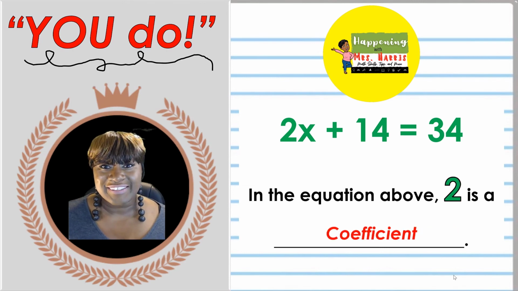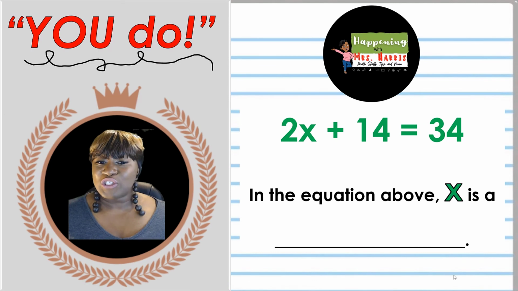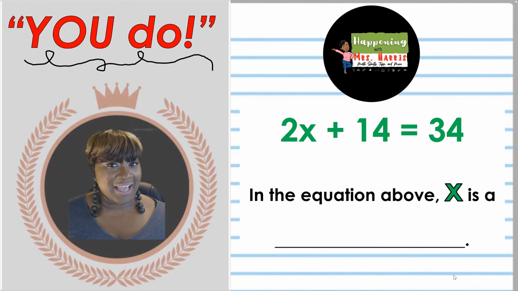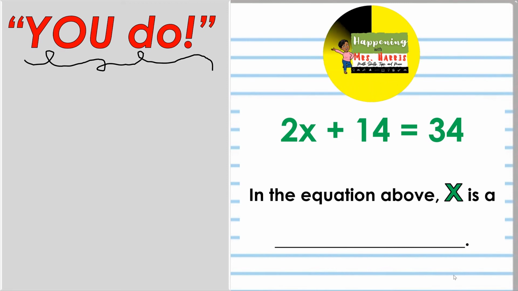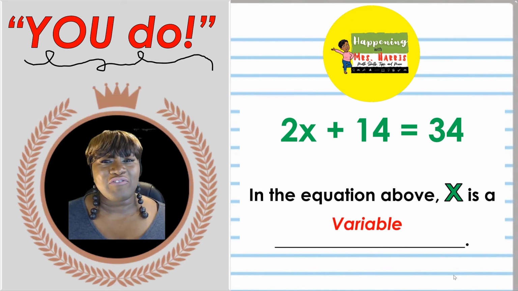Way to go. Next question. 2x plus 14 equals 34. In the equation above, x is a... X is a variable.